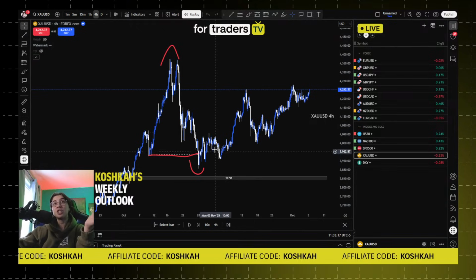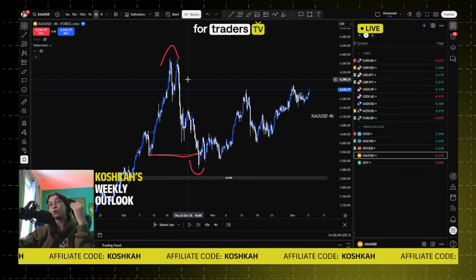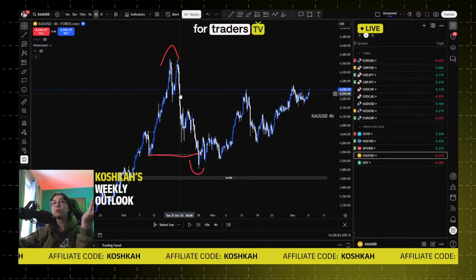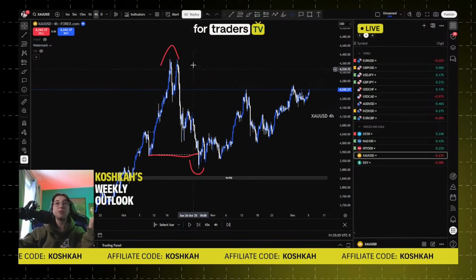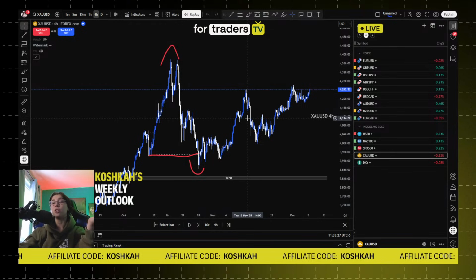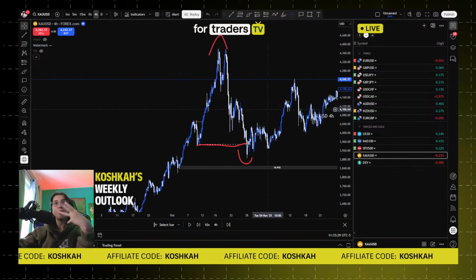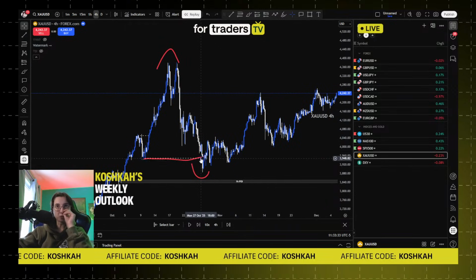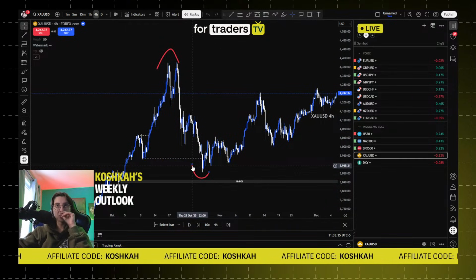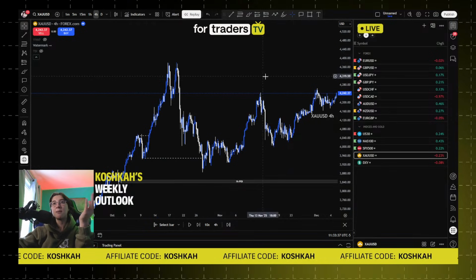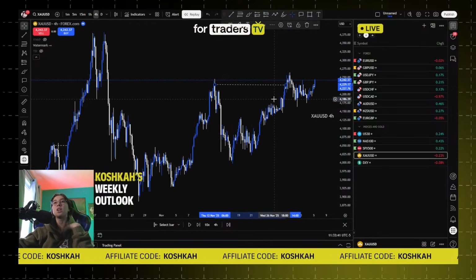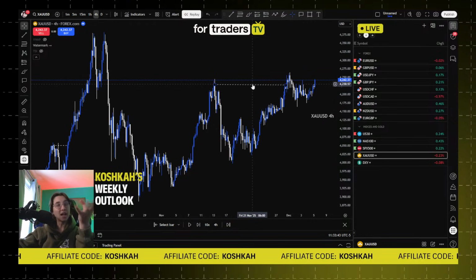So for my strategy, as I need a clear range to look for trades, I cannot do anything right here on gold, for a simple reason: we just have one range to the downside that's not clear enough for a reversal for me, and overall I'm bullish, so it doesn't make sense to look for sells. Okay, so that's why right here I know it's bullish, but I'm not trading the internal structure, because according to my strategy that's not valid as a setup.